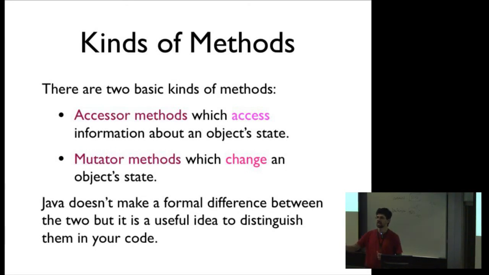So addMoney changes the state of the ticket machine object. It changes the balance. getBalance doesn't change anything. It just gives you some information. addMoney doesn't return any information. It doesn't tell you anything. Java doesn't make a formal difference between these two, but you'll tend to find you're writing one or the other. It's generally a good idea to know which kind of thing you're writing.